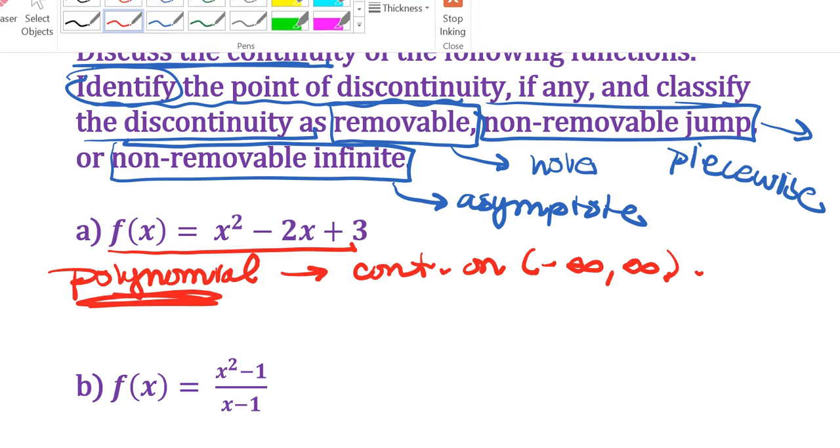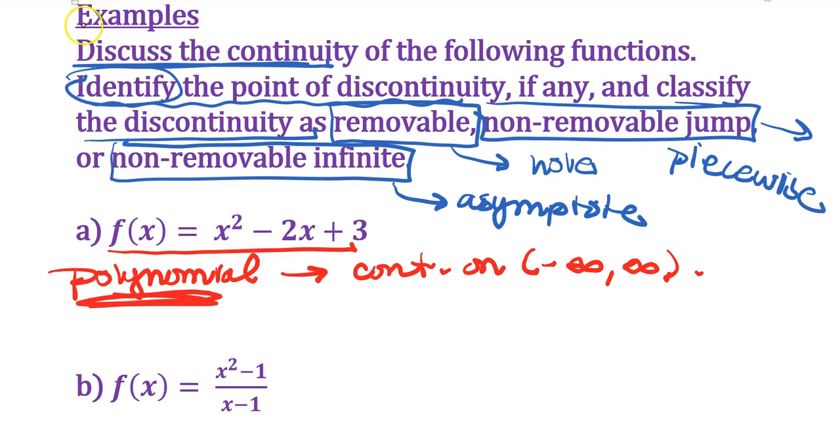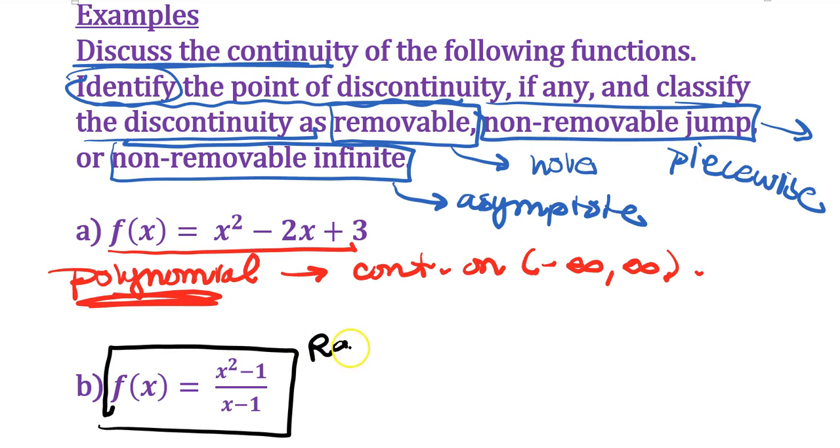Now the function f of x equals x squared minus 1 over x minus 1. This is considered to be rational. This is like a lot of the functions that we studied last year. And in order to figure out what the interval of continuity is, we have to identify the domain. And we know here that x can't be equal to 1. If x were equal to 1, then that would make our denominator 0.